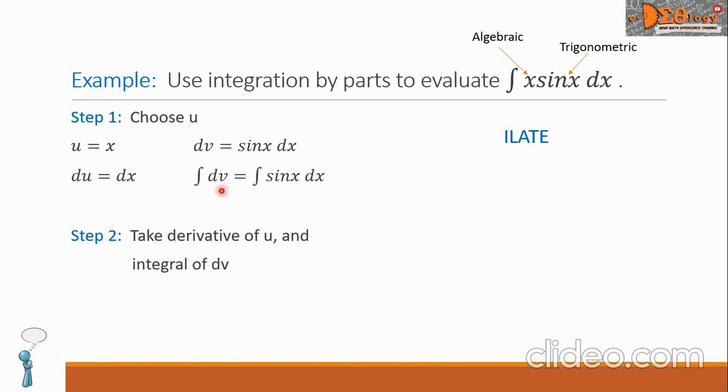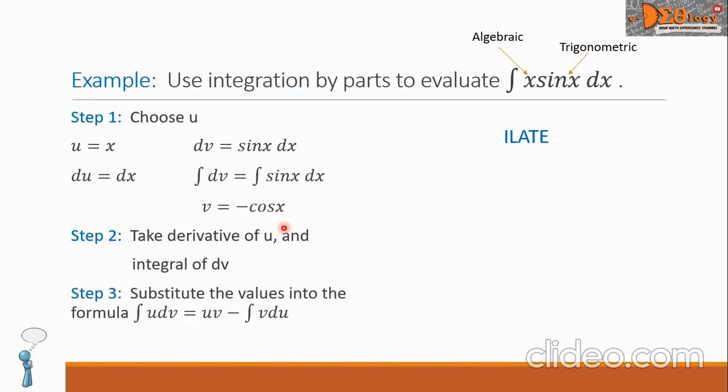The integral of dv is simply v, and this is now equal to the integral of sine x dx, which is negative cosine x. In here, we will no longer write the plus c. Then step 3, we're going to substitute the values into the integration by parts formula.